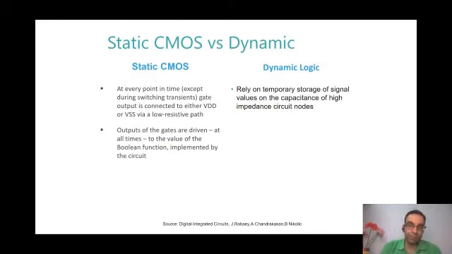There could be an amplifier that actually drives some other output based on the charge stored on the capacitance. Or can it directly drive, let's say, an inverter without any amplifier in between? Yeah, it can directly drive an inverter. Your dynamic gate could be an input to an inverter.